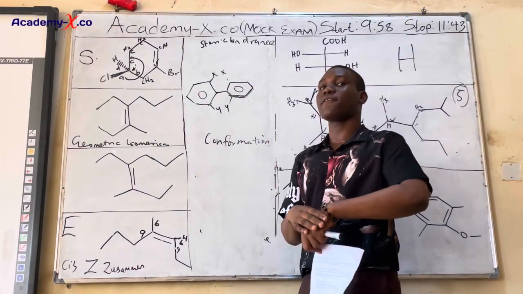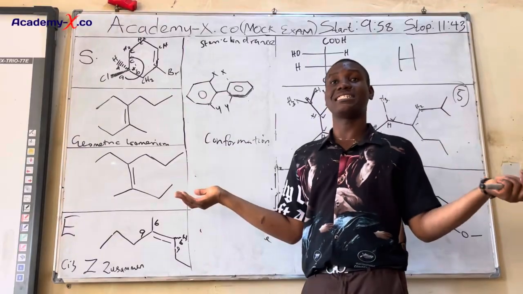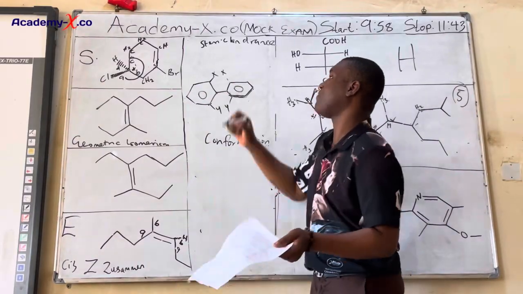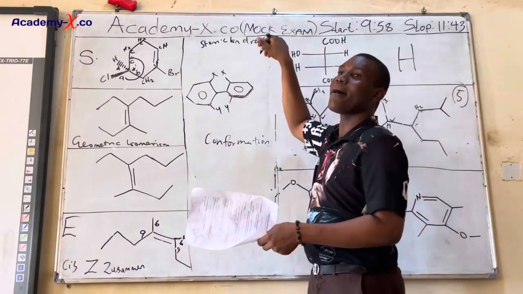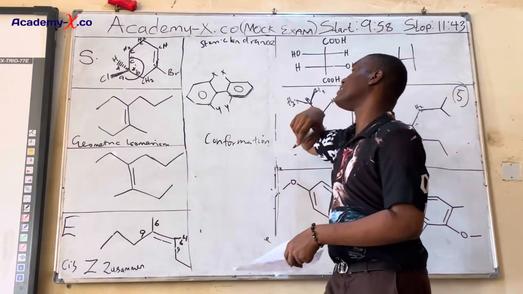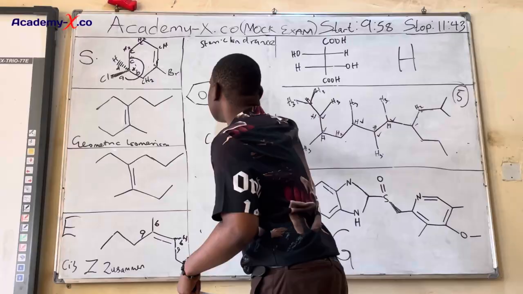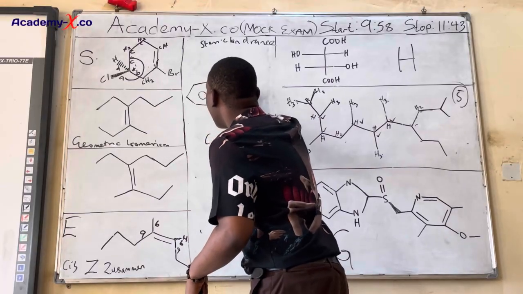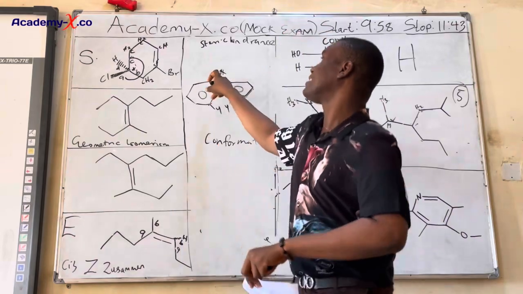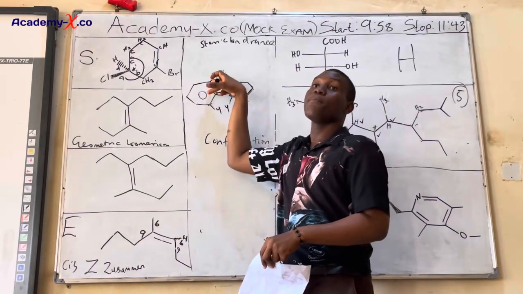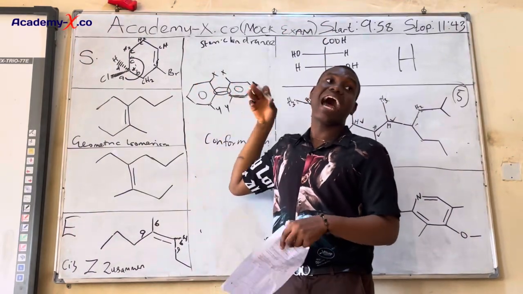So because of that difficulty in rotation and increase in the energy of rotation, it is very easy to separate out enantiomers from atropisomerism.